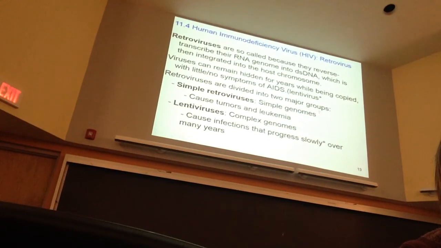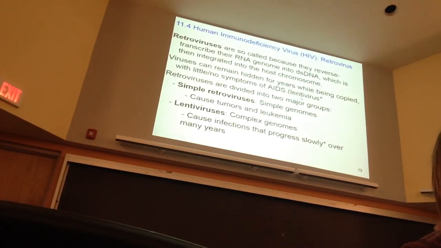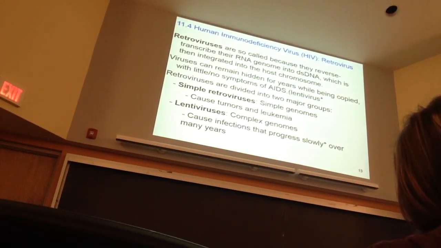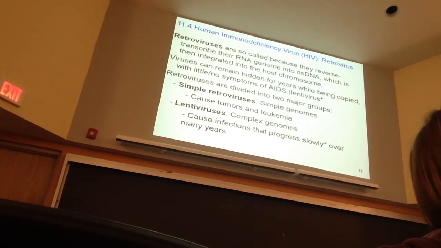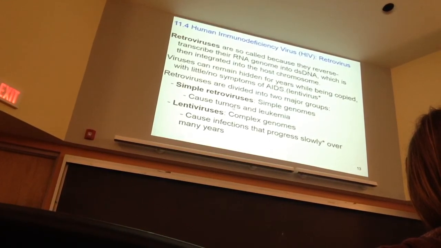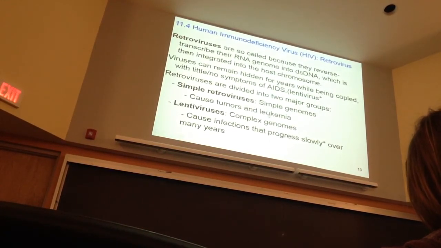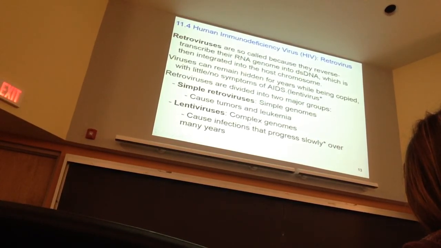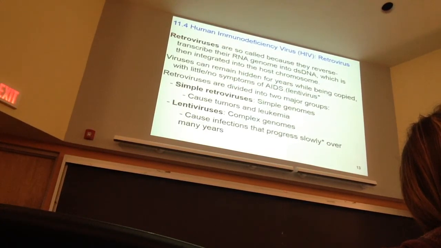This whole group of retroviruses are called lentiviruses, from the Latin, or at least the Spanish, lentos, meaning slow. So they slowly develop their symptoms over years. Simple retroviruses are causing tumors, causing leukemia. The lentiviruses, which is the HIV, is more complex, slowly exerting its symptoms over years.